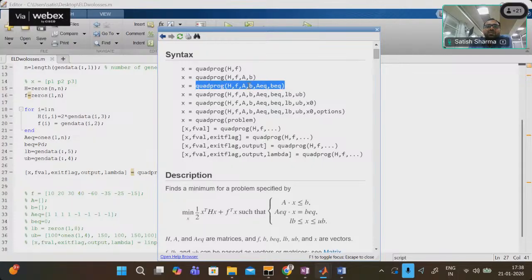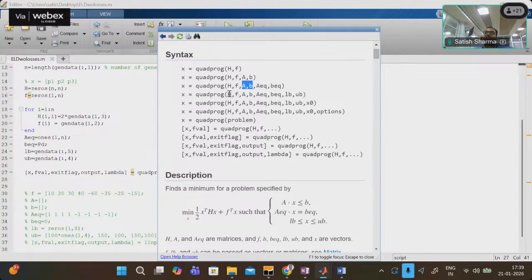If I don't have any inequality constraints, then A and b are empty, so you have to place empty brackets, just like we did in our economic load dispatch problem, where we don't have any inequality constraints apart from the upper and lower bounds.